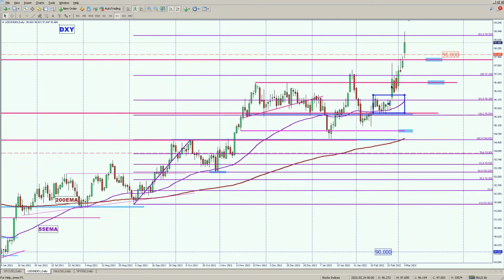And it basically broke out from this consolidation box towards the end of February. And once it broke out, that was due to all the war concerns. This was the start of the invasion on the 24th of February. And after that, some volatility, but eventually it just continued to break out higher last week.